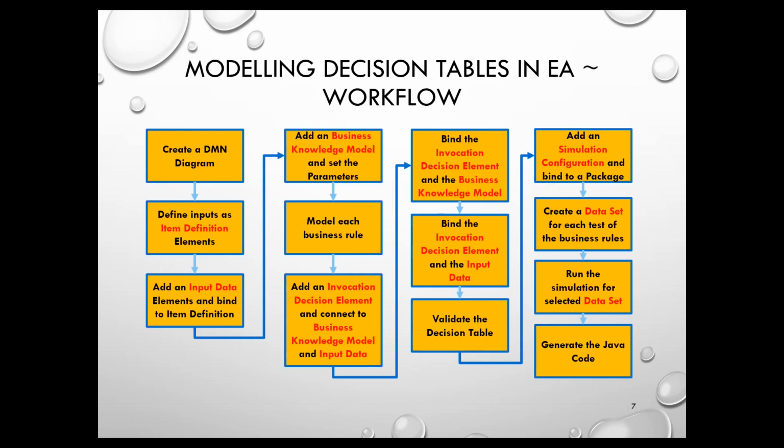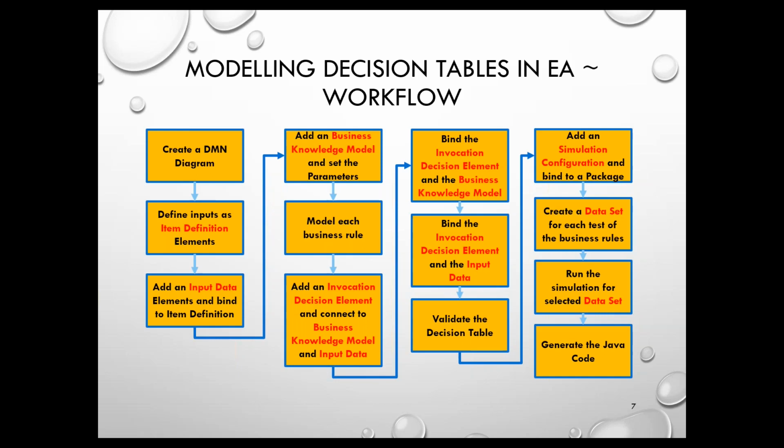Now we have a workflow. The workflow is quite critical. You can't just chuck stuff on a diagram, do a few relationships and expect it to work, because it won't. You have to do it in a sort of incremental way.